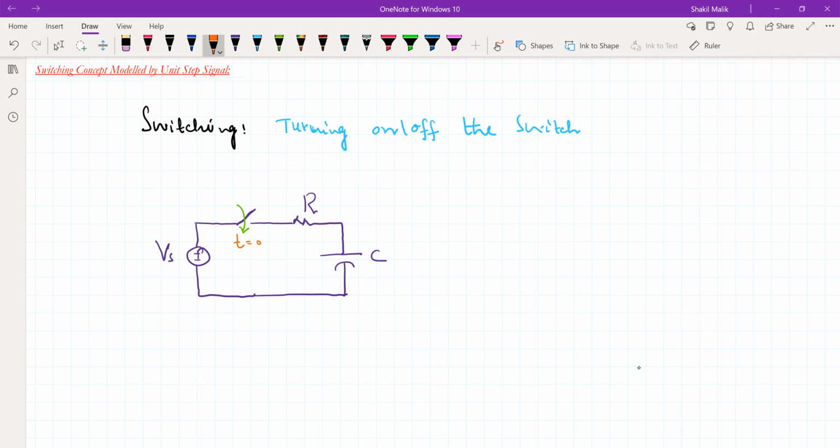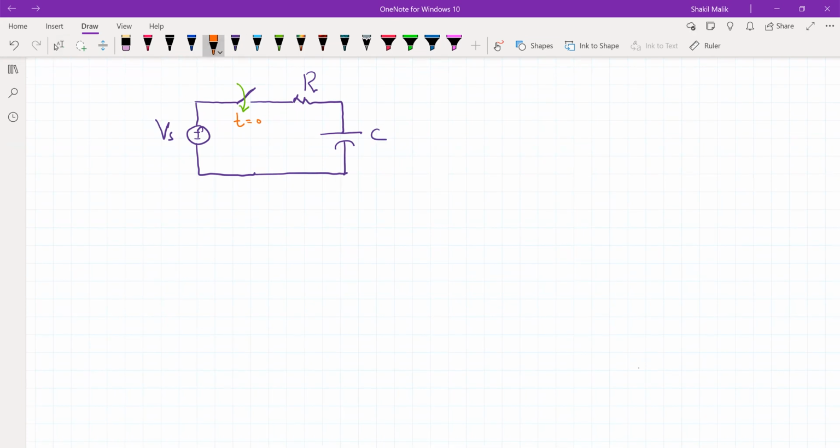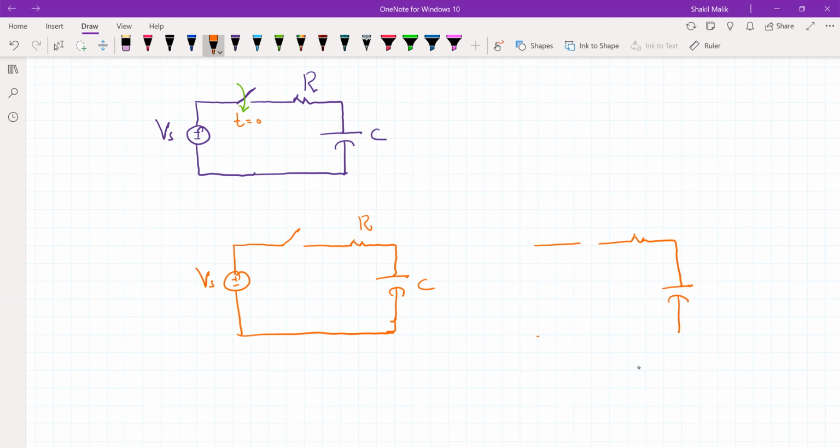All right. So before t equal to 0, the circuit looks something like this. So for t less than 0, the circuit looks like this, and for t greater than or equal to 0, the circuit looks like this.